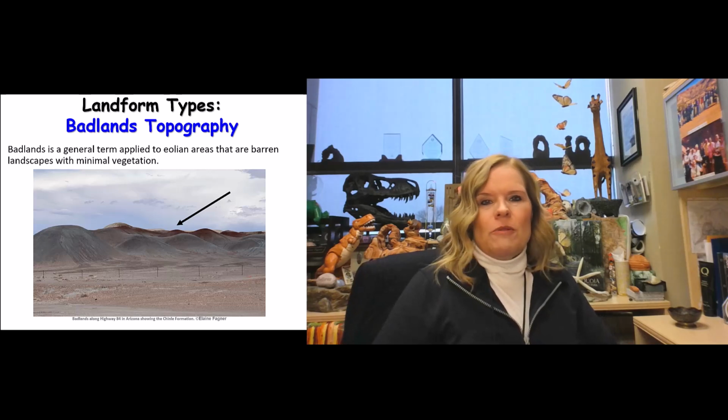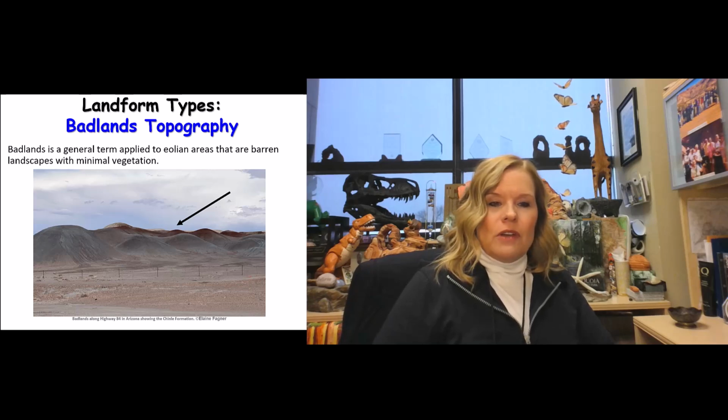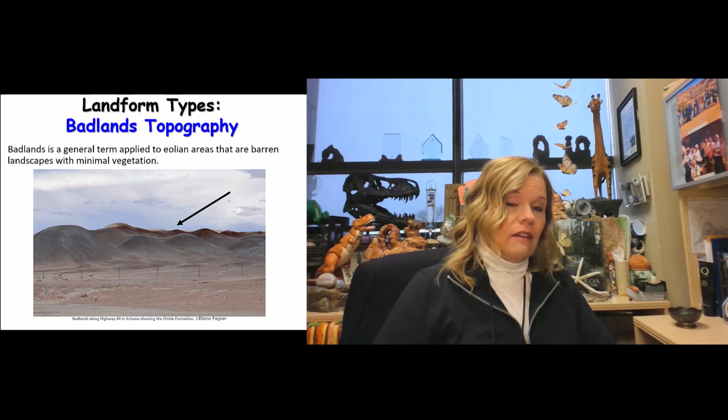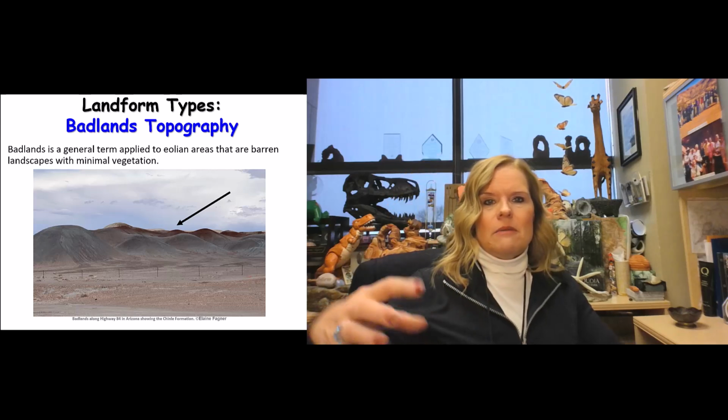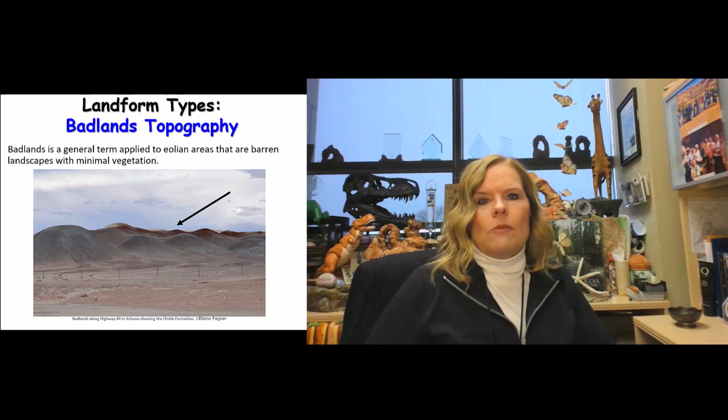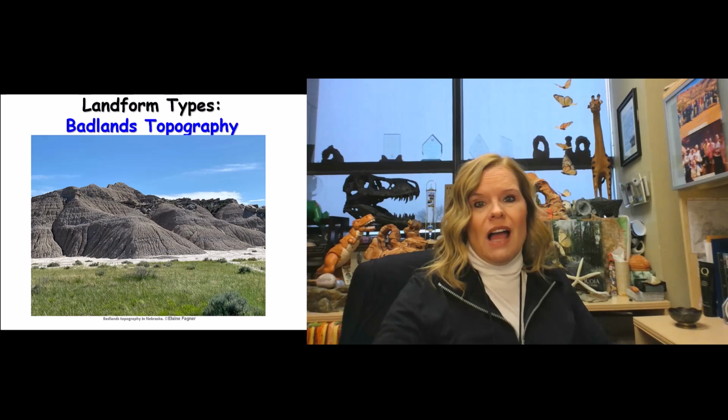Badlands is simply a term applied to barren landscapes that don't support much vegetation. And those hills might look kind of soft, and they, in retrospect, kind of are, but they also have material that kind of keeps them together. Eventually they'll weather apart, but it's not like a sand dune. And I don't want you to get that opinion, but they're not stable either.